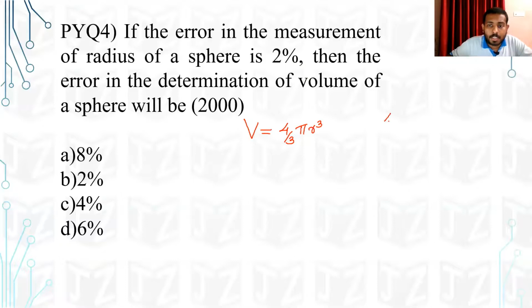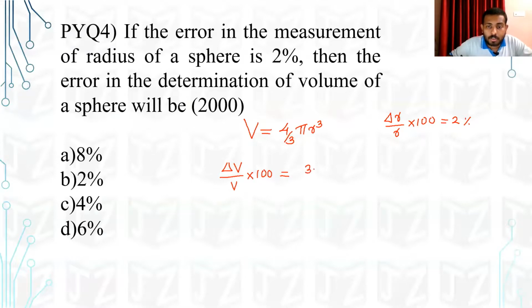And the percentage error in the measurement of radius is given as 2%. Therefore, the percentage error in volume is equal to delta V by V into 100. This 4 by 3 and pi are constants, so we need not bother about them.